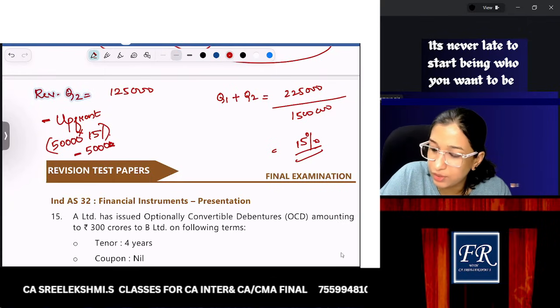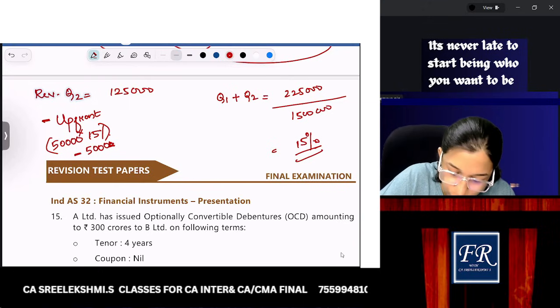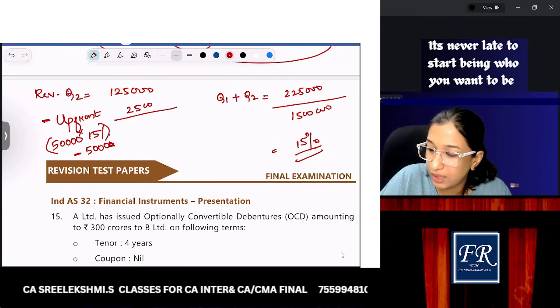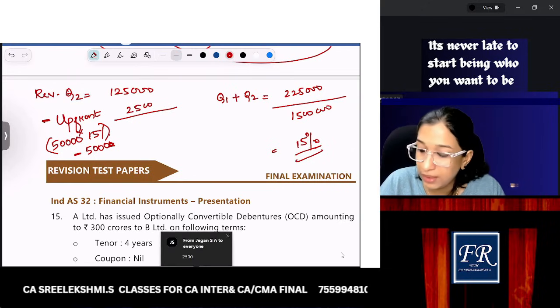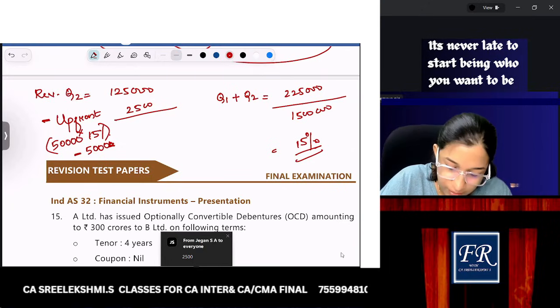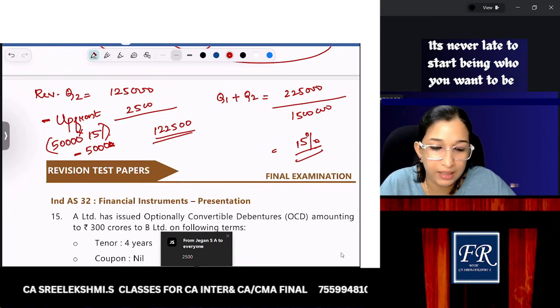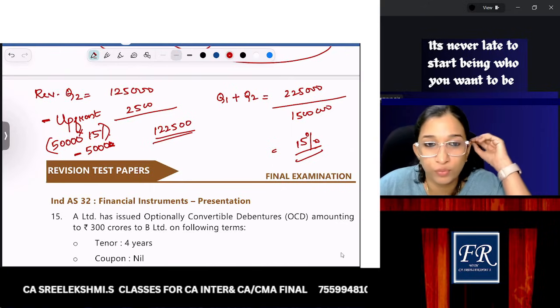So 50,000 into 15% minus 5,000 is 2,500 to be adjusted. So 1,25,000 minus 2,500. Revenue to be recognized is 1,22,500 for quarter 2.